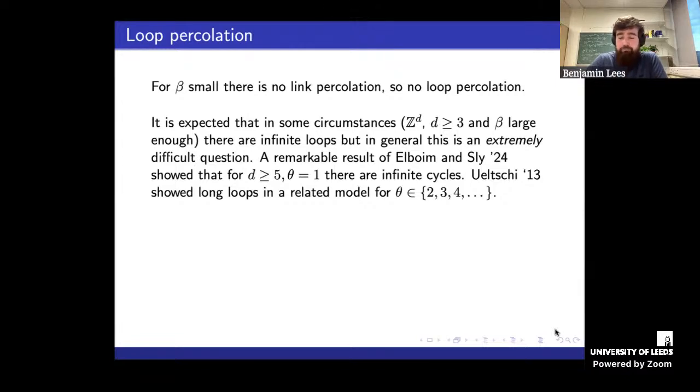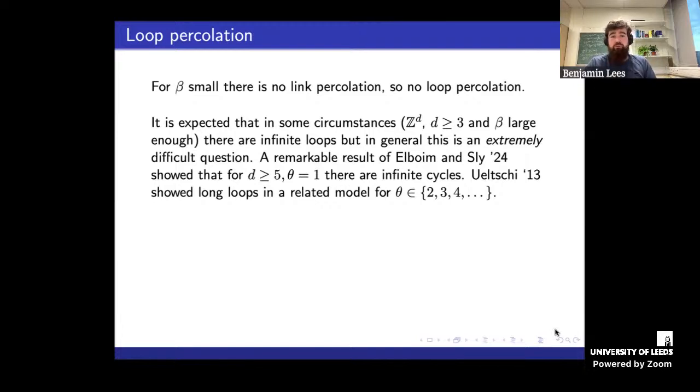One thing we can say is that, well, if beta is small, like before, there'll be no link percolation and hence no loop percolation. There can't be loop percolation because it lives on top of the link clusters. But in some circumstances, for example, at least dimension 3 and beta large, we do expect infinite loops. Now, this is a really hard question, but there are some very impressive results.